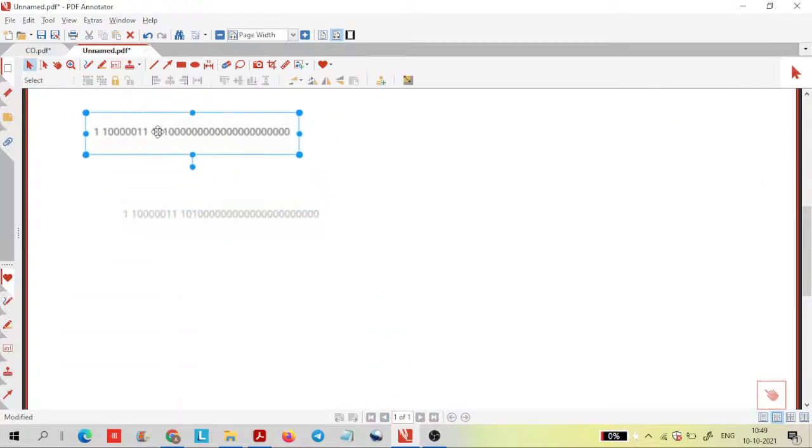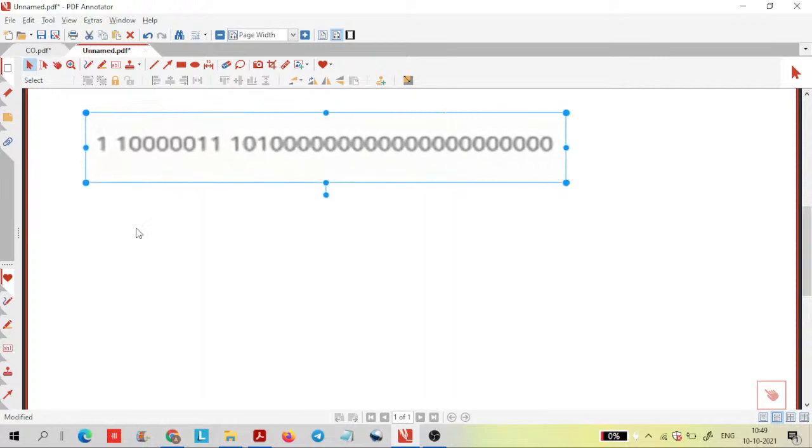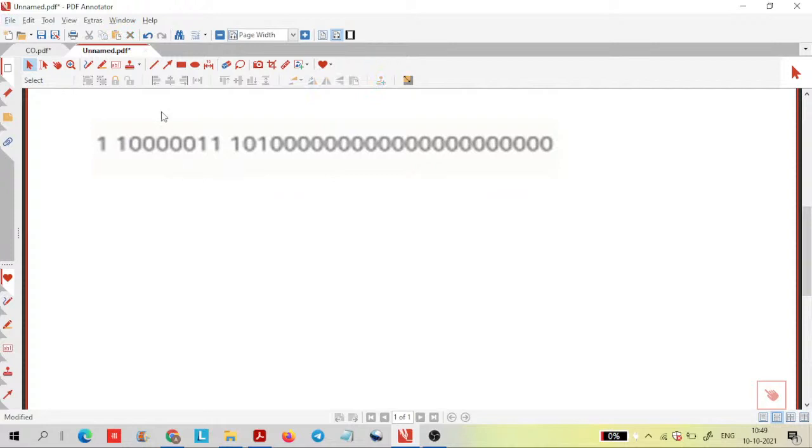In the question they have already given a 32 bit data, and we need to find the corresponding decimal value.